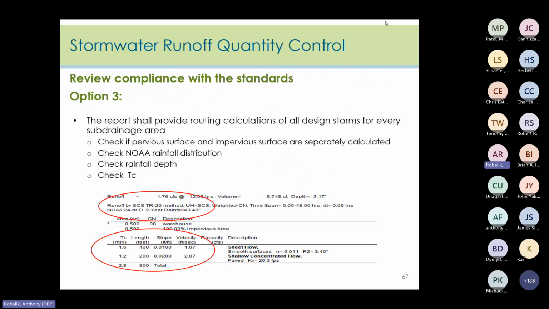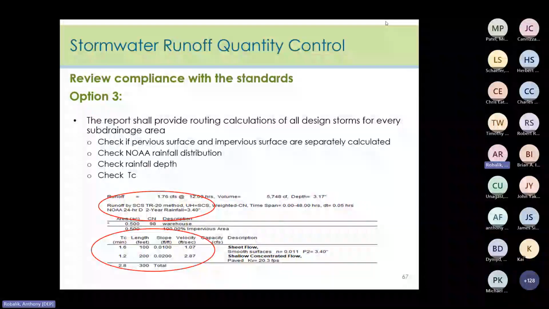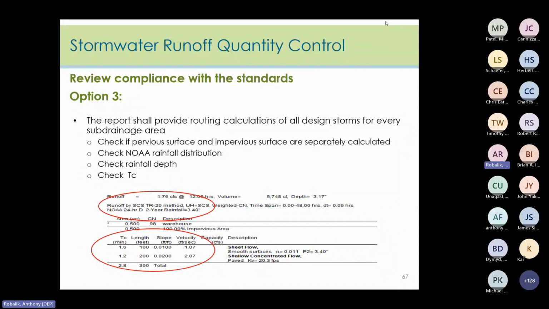So as we mentioned earlier, the report shall provide routing calculations of all design storms for every sub-drainage area. The reviewer should check the inputs, check that the pervious and impervious surfaces are separately calculated, check that the correct NOAA rainfall distribution was used, either NOAA C or D, and check that the correct rainfall depth was input, whether from the NOAA precipitation frequency data server or from the county rainfall data, and that the correct current precipitation adjustment factor or future precipitation change factors are applied.